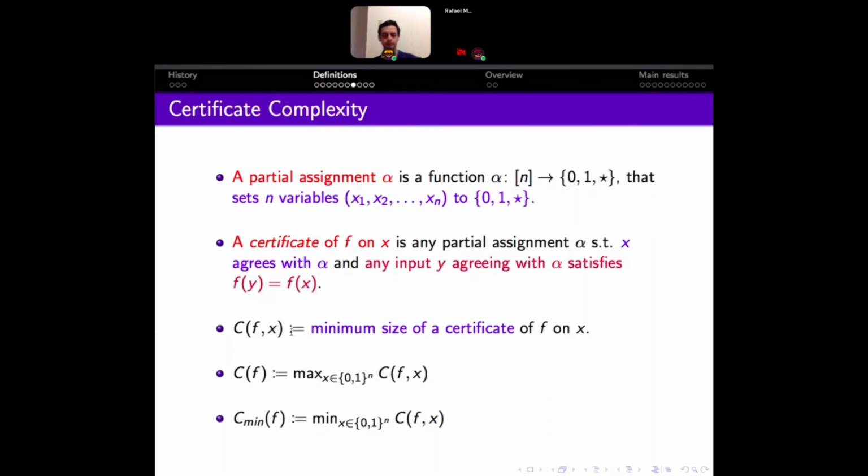Then the certificate complexity of function f on input x is the minimum size of any certificate of f on x. And then we can define the certificate complexity of the function as the maximum of the certificate complexity taken over all inputs x. In this case, we also define the min certificate complexity, where we take the minimum over all inputs x of the certificate complexity.